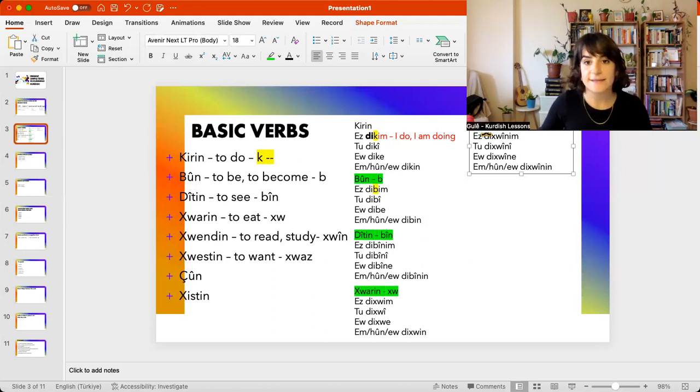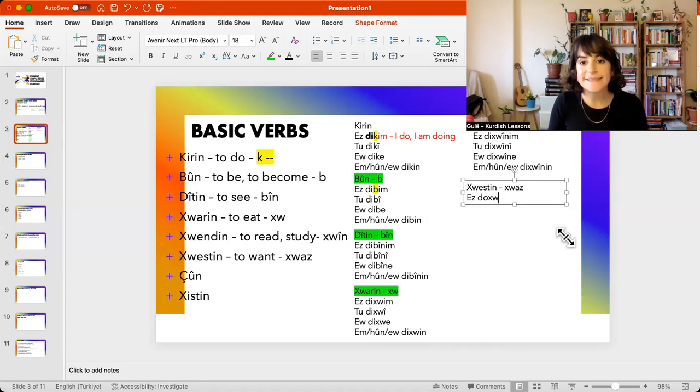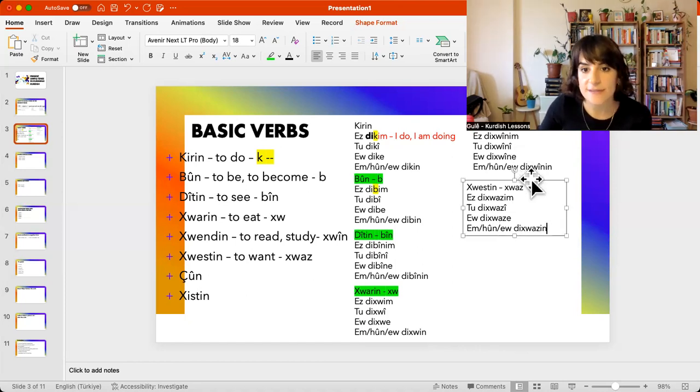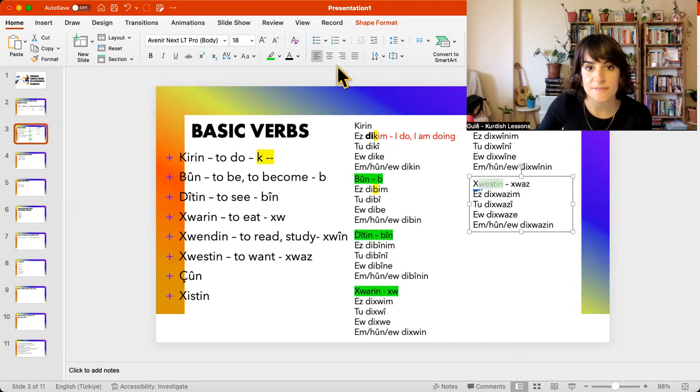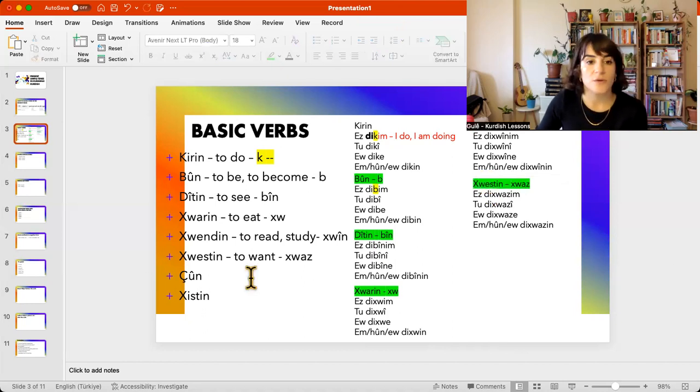I want to highlight this one because it's important. So xwestin, to want, and the stem is xwaz. As dixwazim, tu dixwazî, ew dixwaze, em hun ew dixwazin.